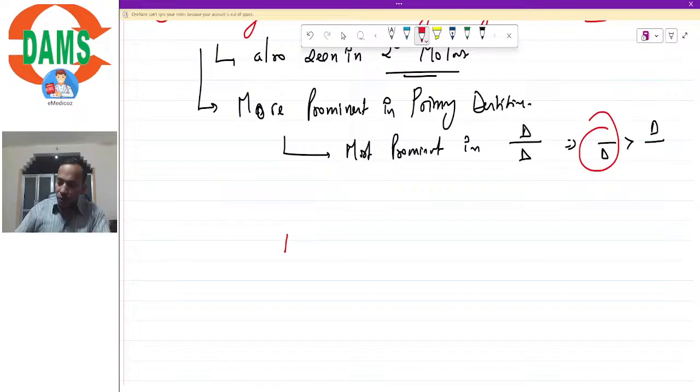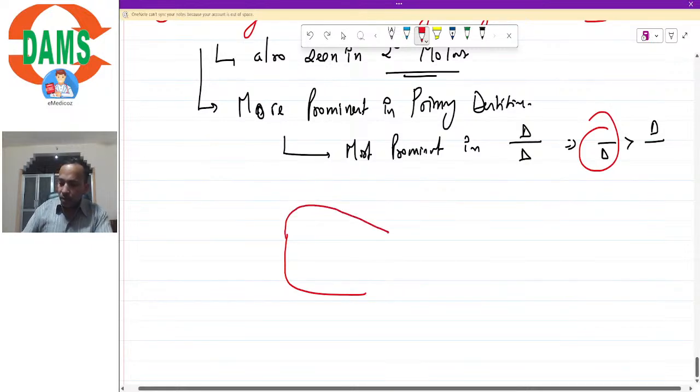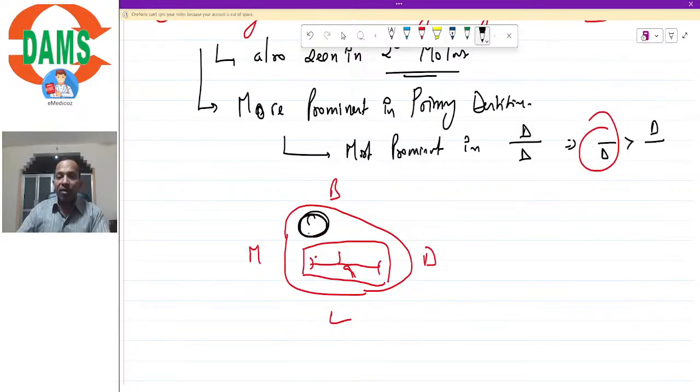When you look at it from an occlusal view, this is how the occlusal surface appears, and let's say this is the buccal side, this is the lingual side, this is the distal, and this is the mesial side. As you can see, the mesiobuccal portion of the cervical ridge is very prominent.